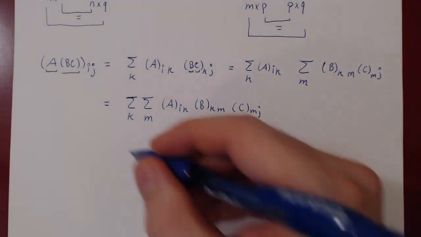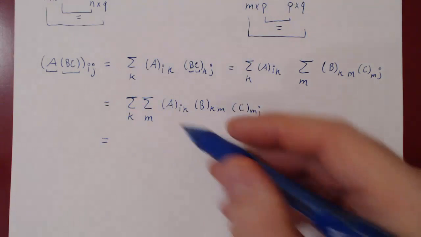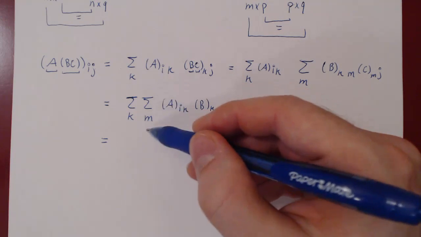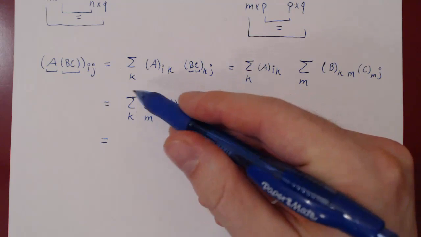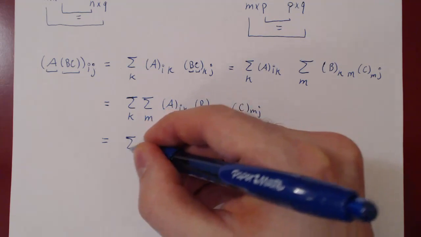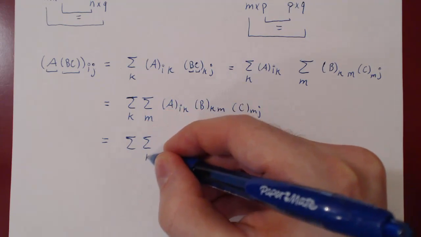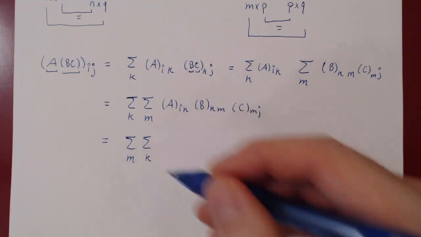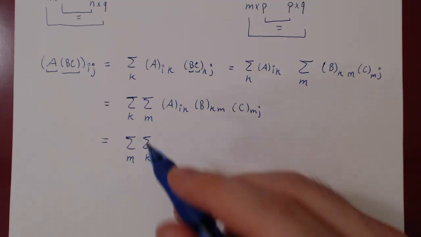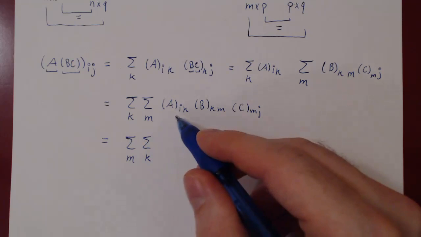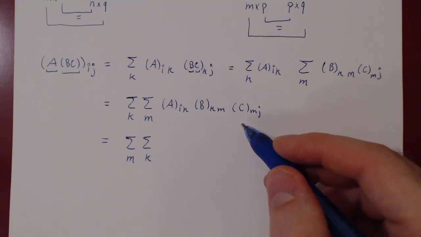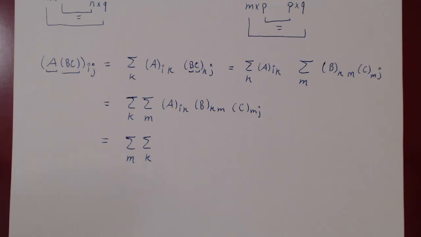So here I will reverse the order of summation. Instead of summing first with respect to m, then with respect to k, I will sum first with respect to k, then with respect to m. And this is again legitimate because those are real entries, and we can add real numbers in any order that we see fit.